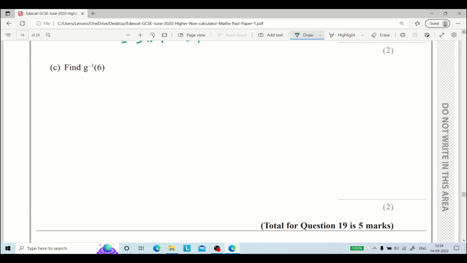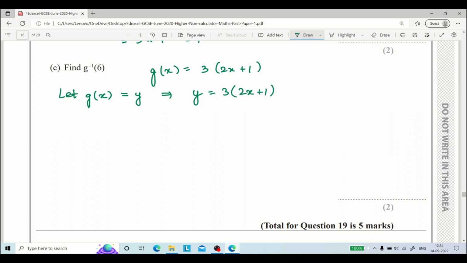Find g inverse of 6. So we have g of x is equal to 3 into 2x plus 1. Let g of x be equal to y. This implies y is equal to 3 into 2x plus 1. What we'll have here is y upon 3 is equal to 2x plus 1.